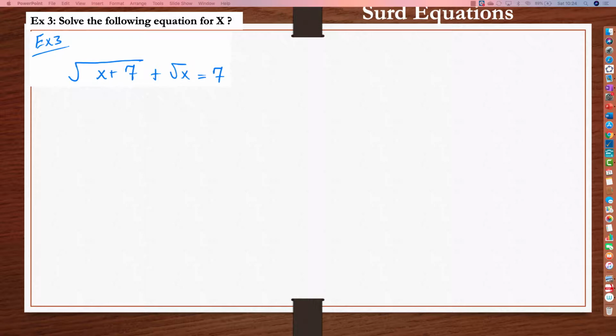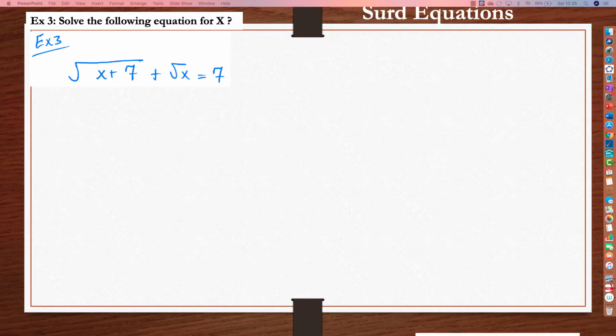Right. These are surd equations, and what we have to do here once again is make sure that our surds, first of all, are on different sides of equals. First things first, you gotta make sure your surds are on different sides of equals.